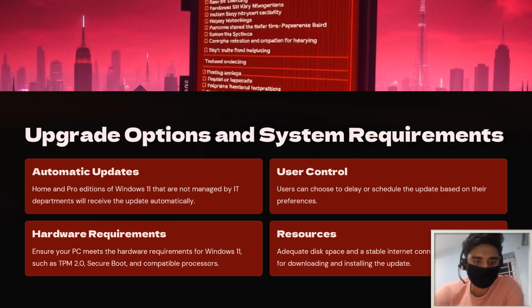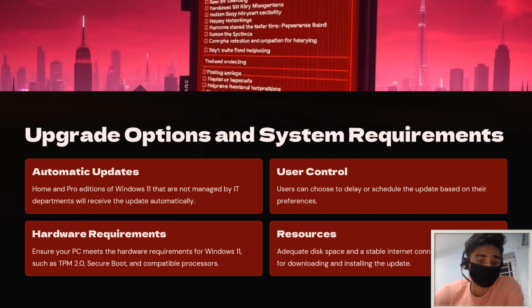Automatic updates: Home and Pro editions of Windows 11 that are not managed by the IT department will receive updates automatically. Then user control: users can choose to delay or schedule the update based on their preference.